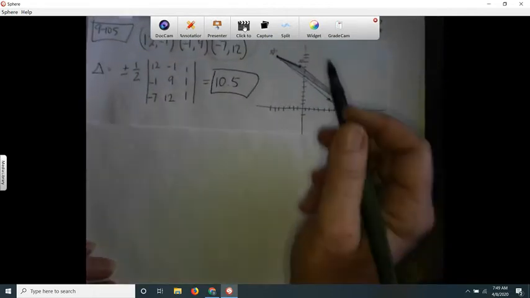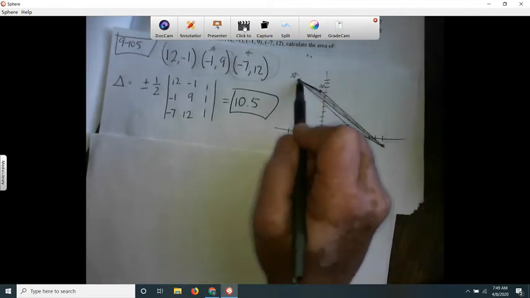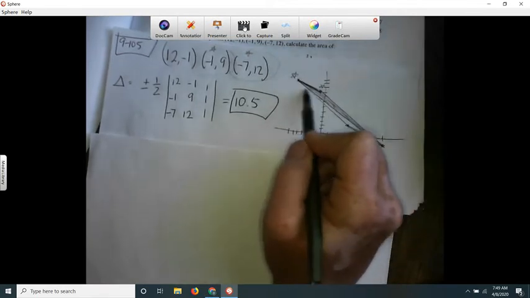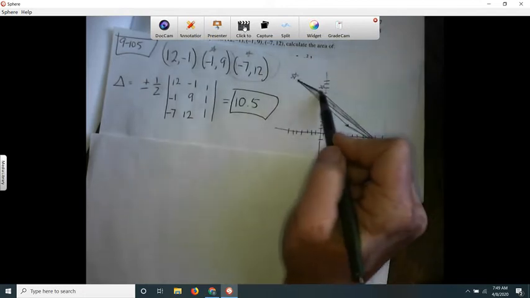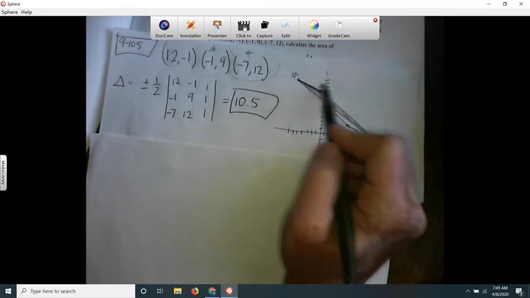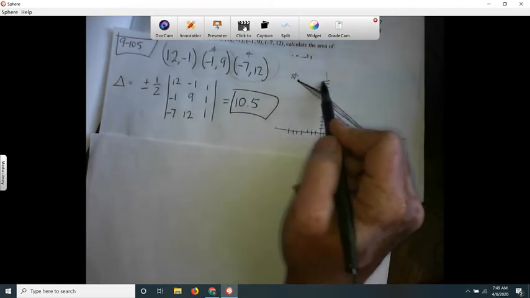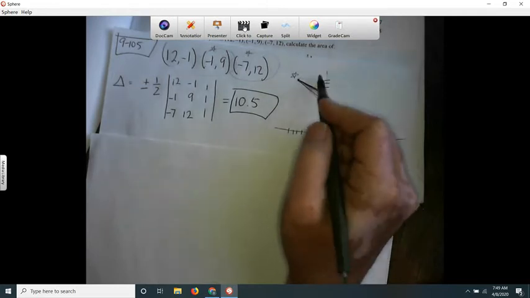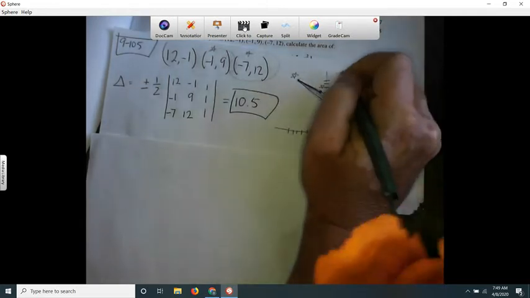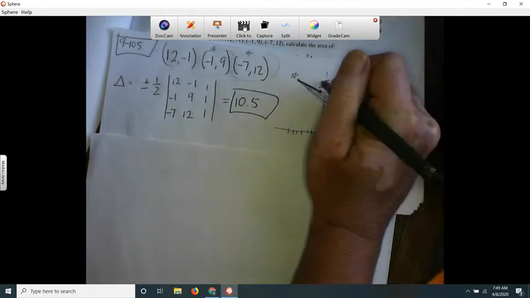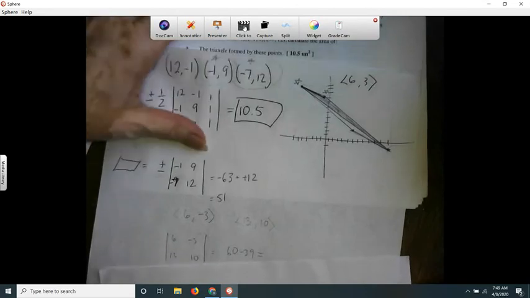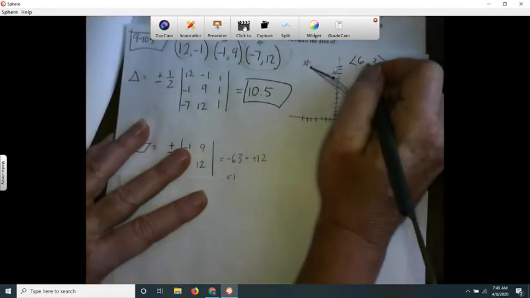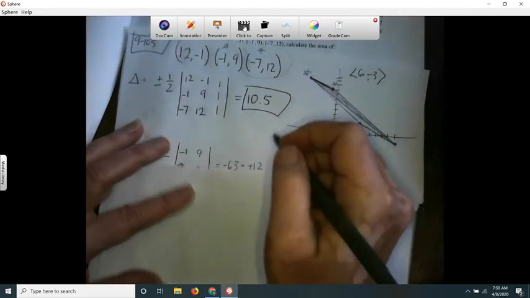If I just go from here to here, I just want the slope of this thing. I could go down and over, or I could go up and over. I'm going to do it right. It went right by 6, and it went down by 3.